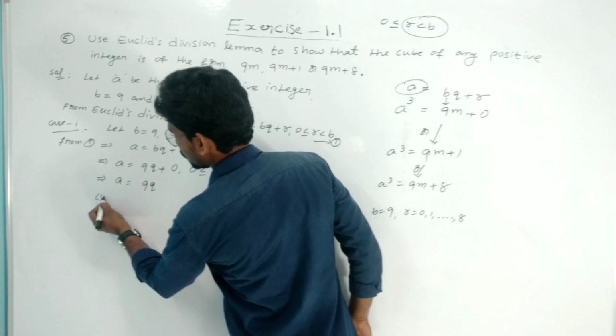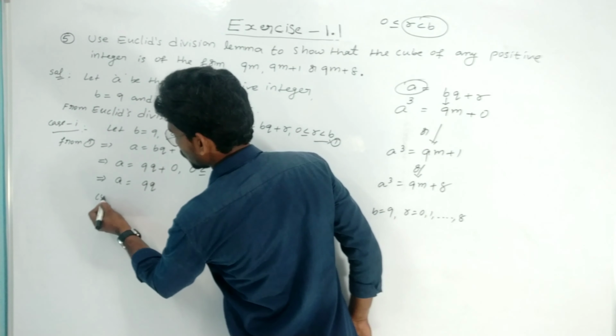Now converting (9q plus 2) whole cube into the form of (a plus b) whole cube, where a cube means (9q) whole cube, plus 3a square b, that is 3 into (9q) whole square into b means 2, plus 3 into a means 9q into b square means 2 square, plus b cube means 2 cube.